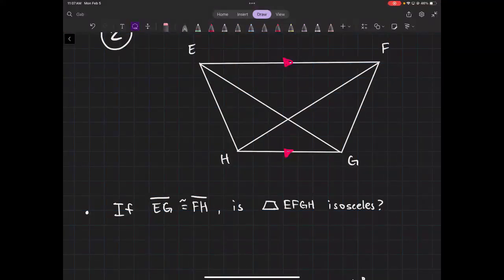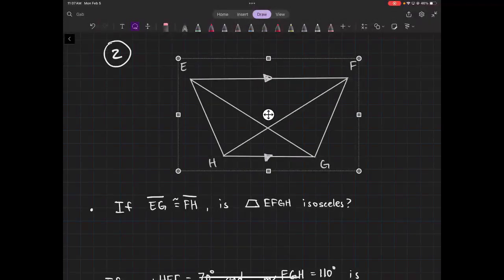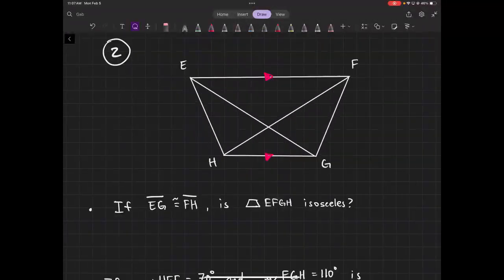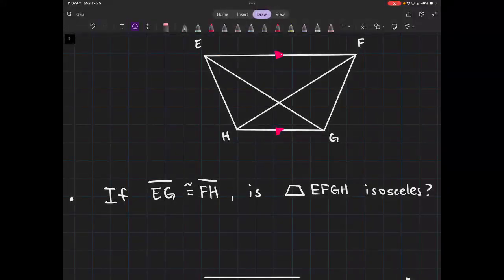I'm going to shrink it just a little bit so I can fit everything. Okay, so there's the first question. They give you a condition first, and then they're asking if you can say this trapezoid is isosceles.